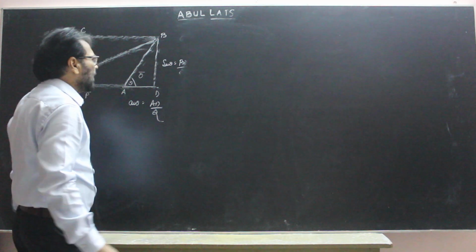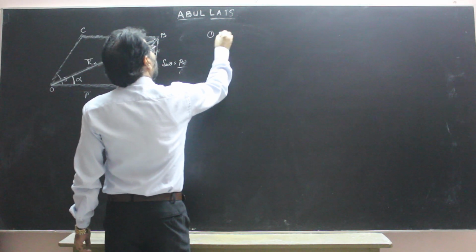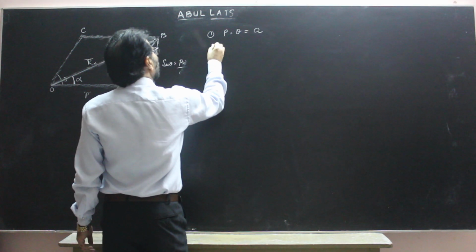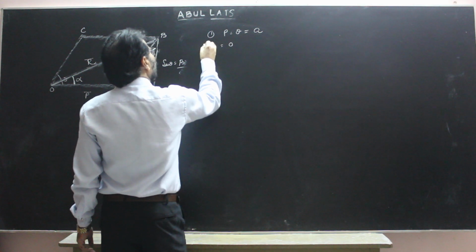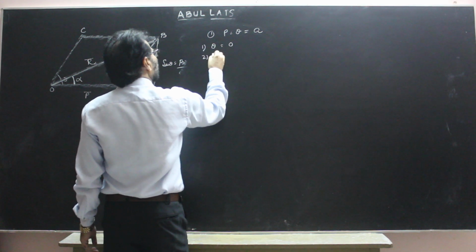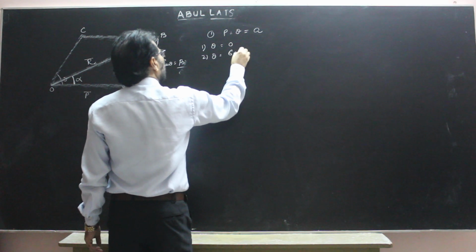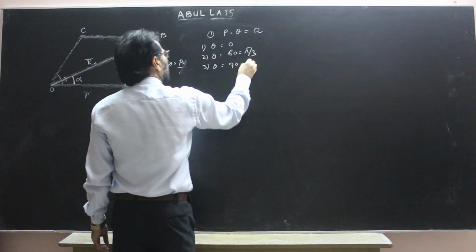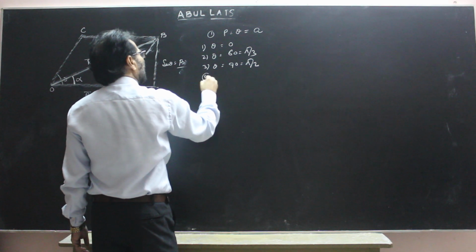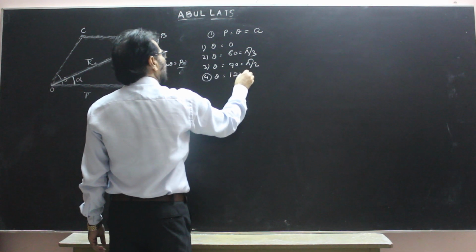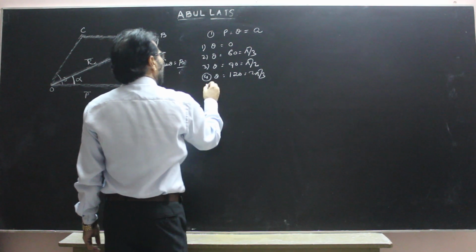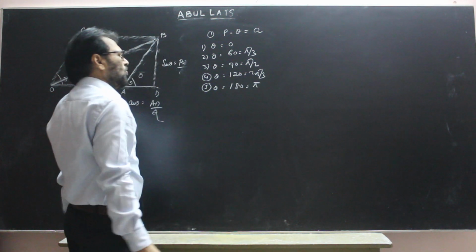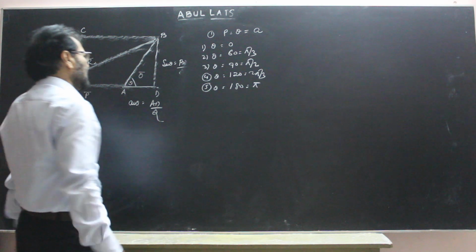Now if P is equal to Q is equal to A and theta is 0 in the first case, theta is 60 degree, that is pi by 3, theta is 90 degree, that is pi by 2, and fourth, theta is 120 degree, that is 2 pi by 3, and fifth, theta is 180, that is pi. Find the magnitude and direction of resultant.